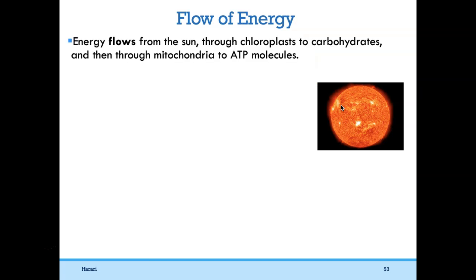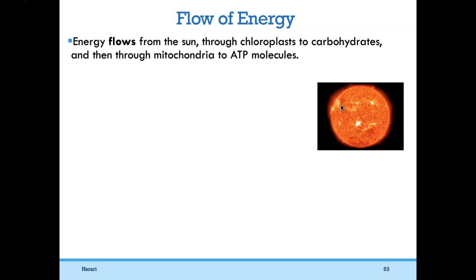And a great way to end this unit is to synthesize all the information we learned since Chapter 1. We said all living things require energy to function. And energy flows from the sun through chloroplasts to carbohydrates, then to the mitochondria, to ATP molecules.